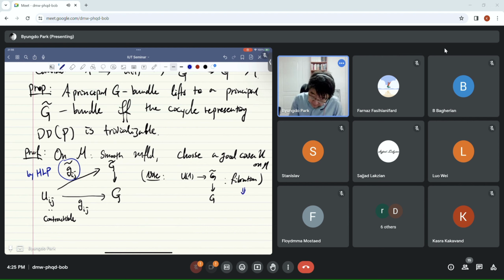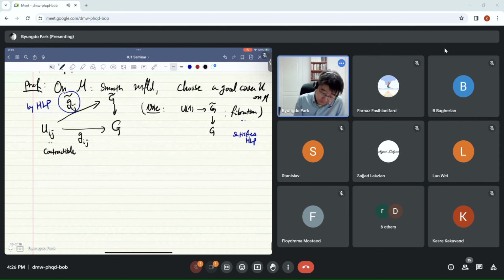So it satisfies the cocycle property. So we have g twiddle_ij times g twiddle_jk times g twiddle_ki.